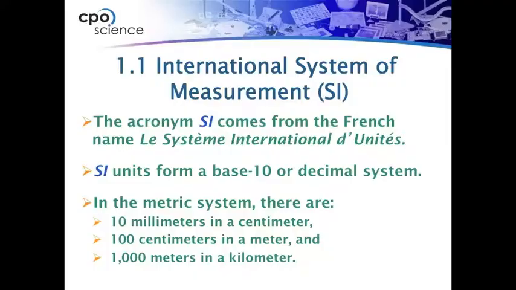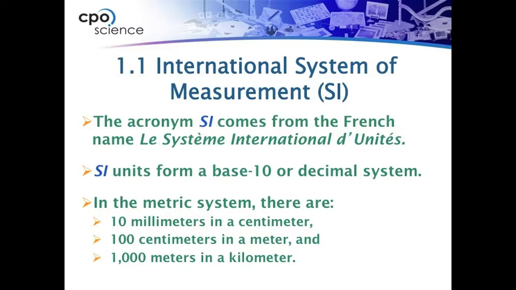The majority of the rest of the world uses the International System of Measurement, the SI system. And the SI system, the acronym, comes from the French name, Le Système International d'Unité. I think I pronounced that right. I apologize if I butchered the French. Now the SI is a far, far simpler system than the English system, and you'll see why when we compare them side by side.